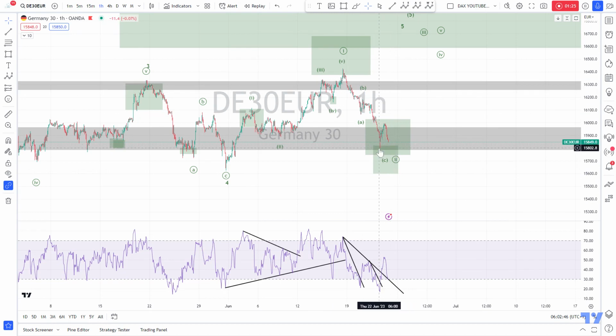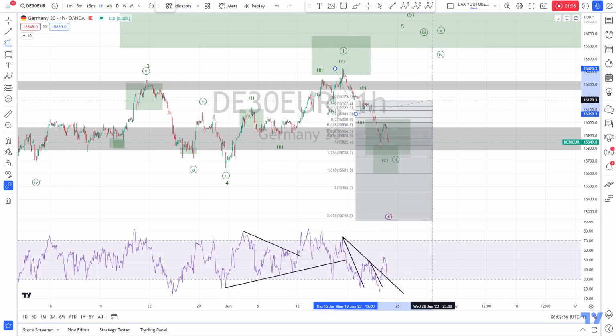Yesterday we had a nice reaction from this area. So this is the area between the length of that you find by taking the length of wave A, the length of wave B, and then the area between the 1 and the 1.618 FIB extension is the area where we should react.